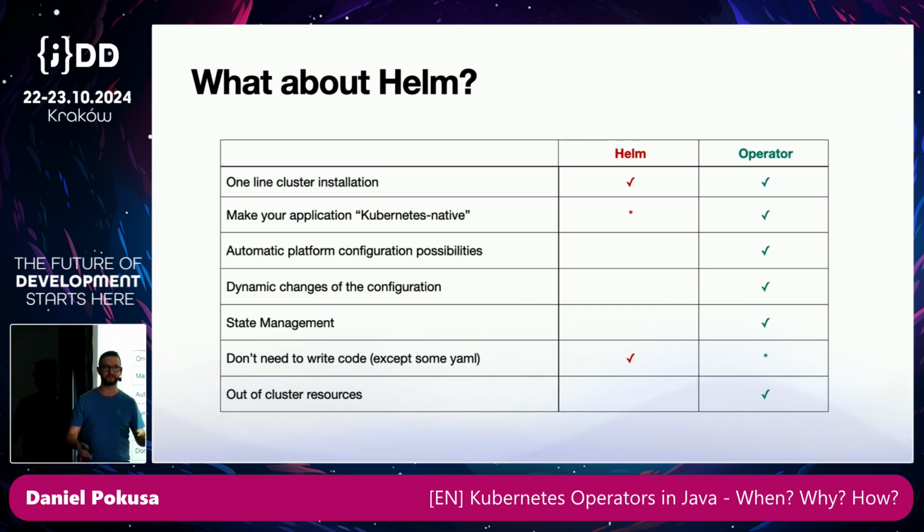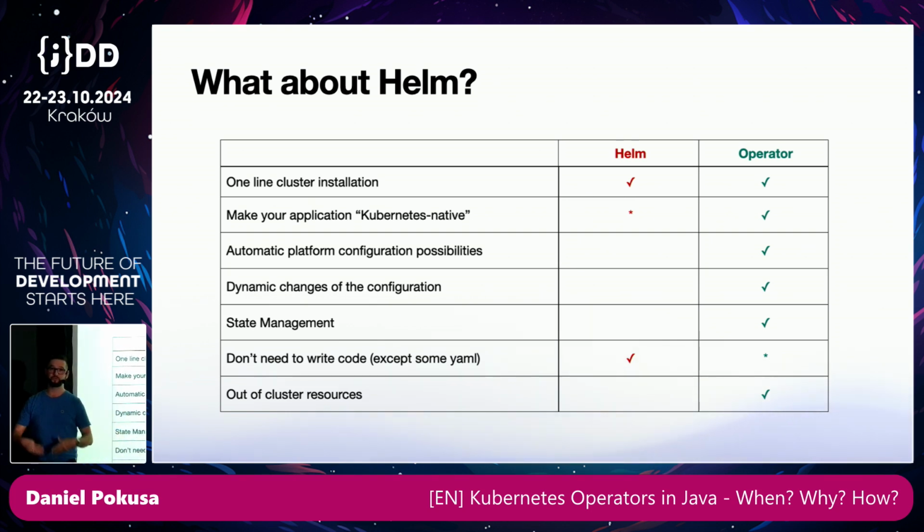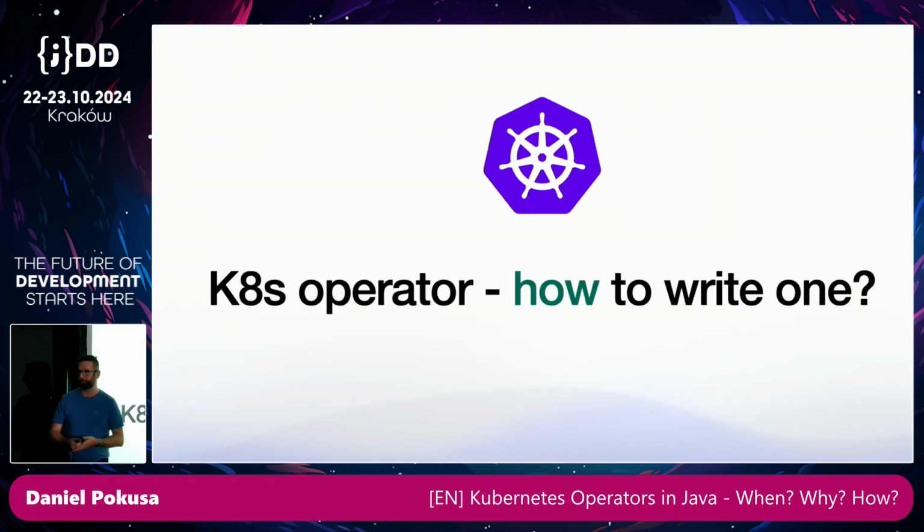Imagine that you are using an external database and you want to make sure before you deploy your application that the database is up and running. With Helm, you will see eventually on the pod that, oh, that pod doesn't connect. With an operator, you will be able to have some kind of preconditions, check everything, and give that output on that resource.